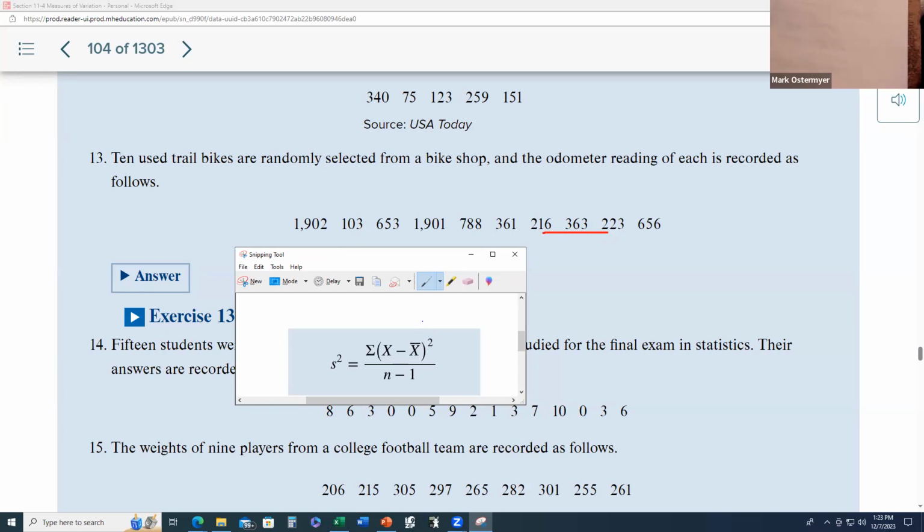And what's X bar? X bar is the mean, correct? So we got to compute the mean. Then we can make a table with 3 columns: the X column, the X minus X bar column, and the X minus X bar squared column. Go ahead and see if you can find the variance and the standard deviation for this data set. We'll call that classwork number 1, number 13.